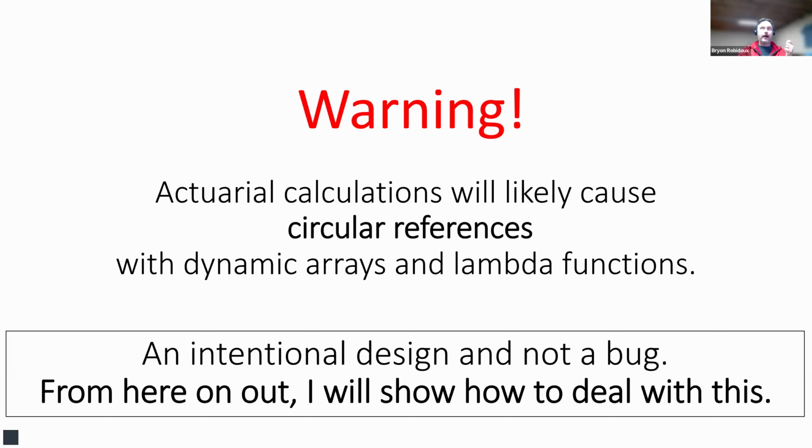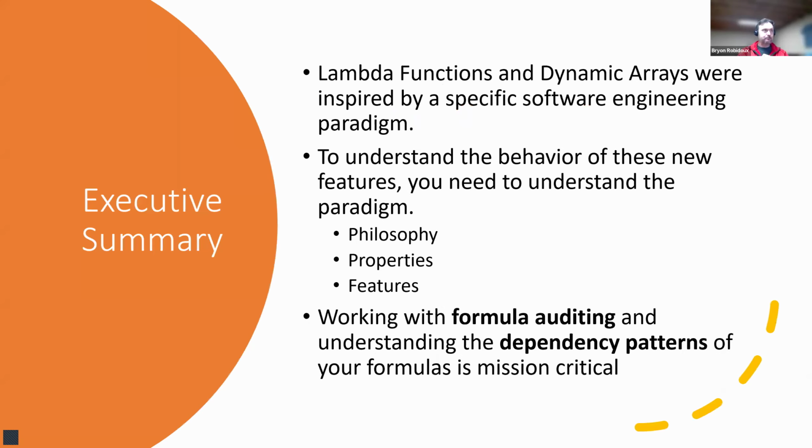And I'll explain why that is. That is not a bug. That is a feature of where it comes from. But I'll teach you how to deal with it so that it doesn't stop you. This is not a bad thing, it is actually a good thing, but I need to explain to you why. Our whole goal is how do I eliminate those circular references so I can use this for everything?